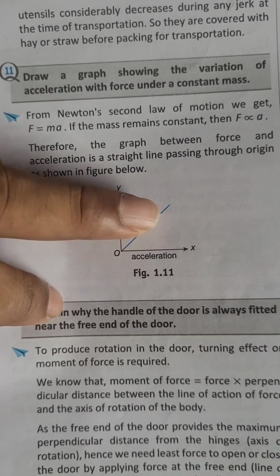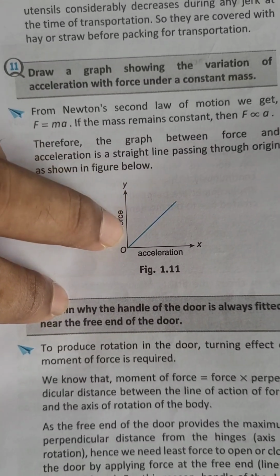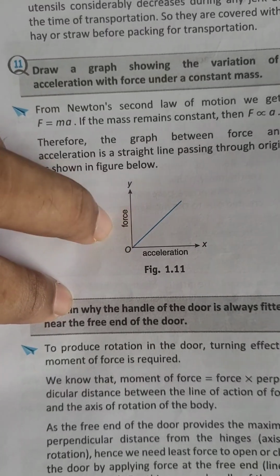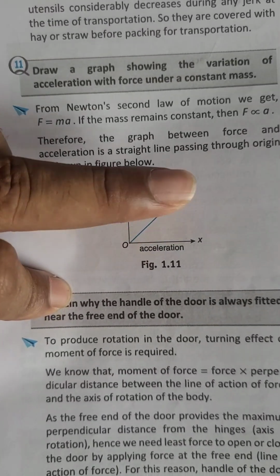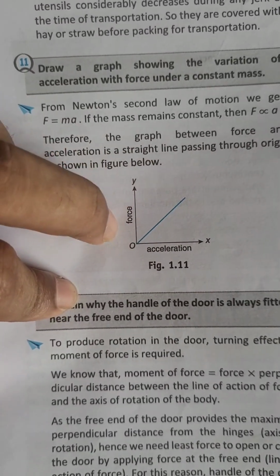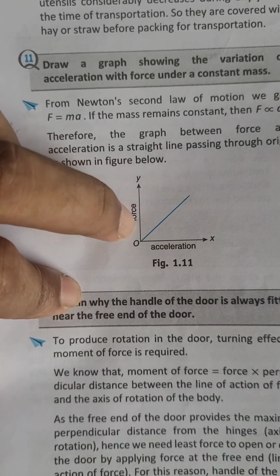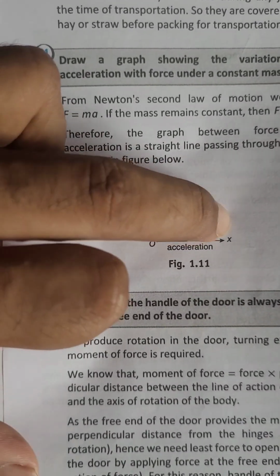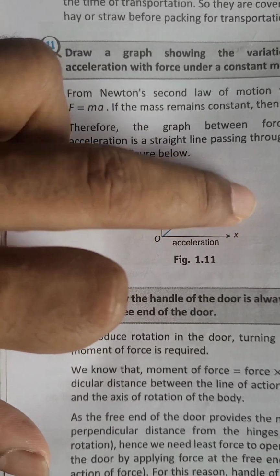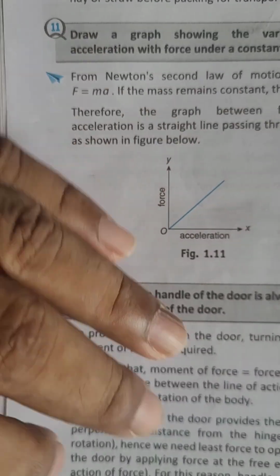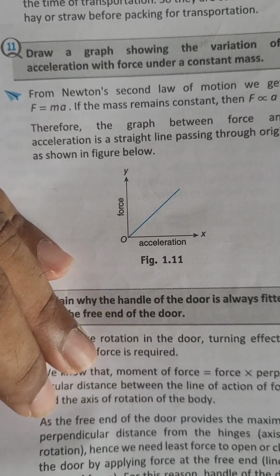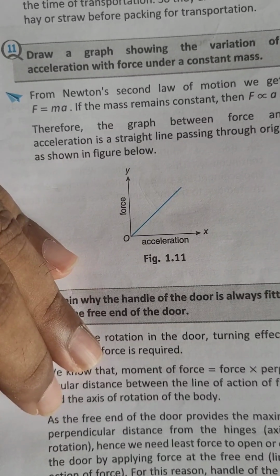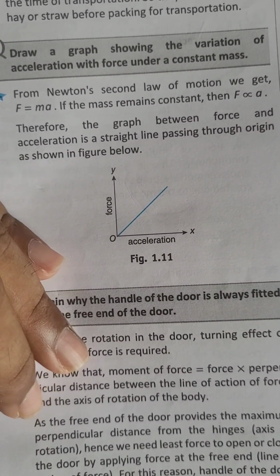So you have to draw this type of graph. If force versus momentum is given, it will be a straight line if the time is constant. If force versus time is given, then the graph will be like this, U-shaped, because of this. So you have to do it by yourself.